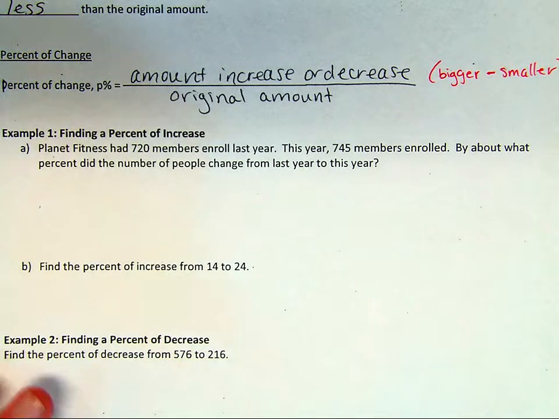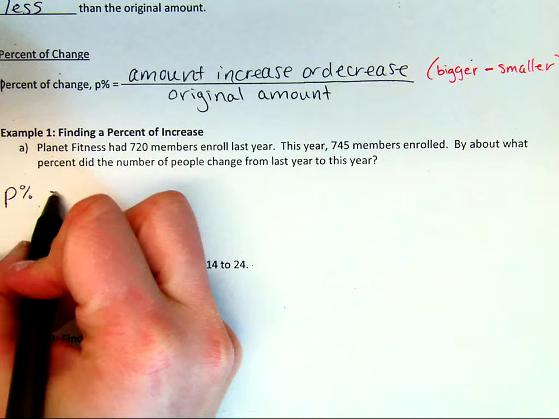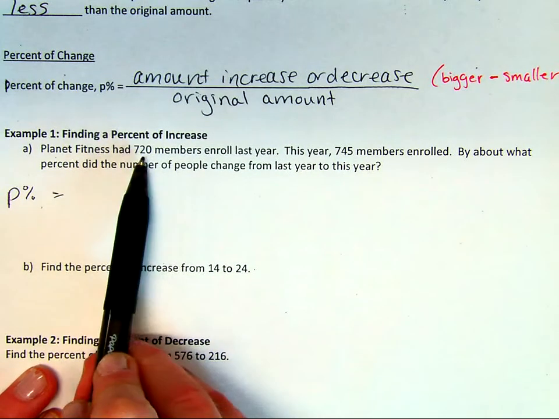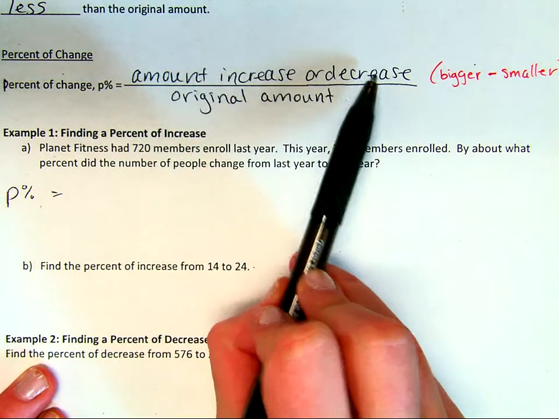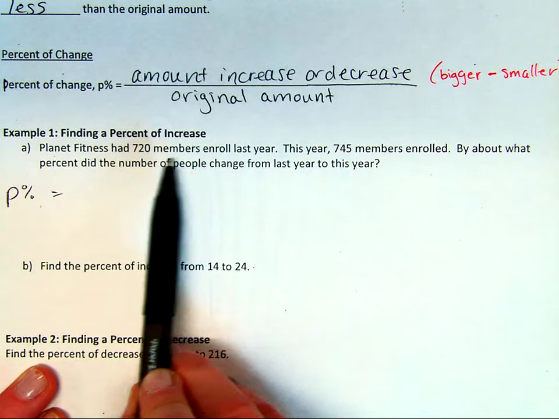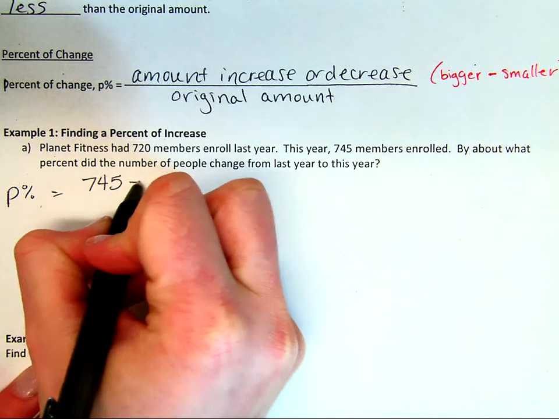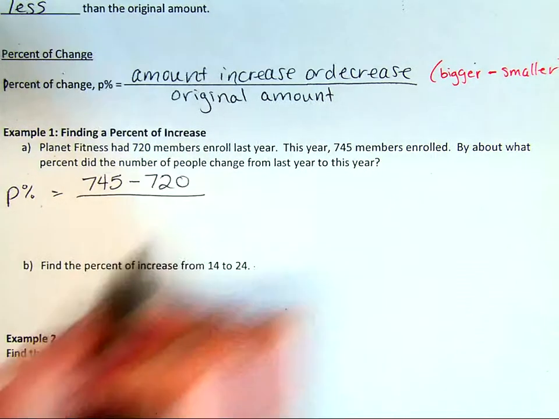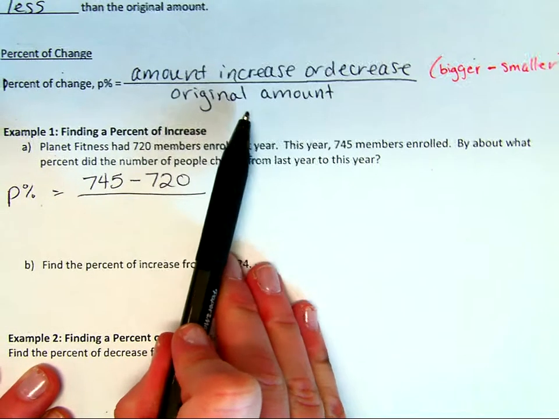business is doing. So to find P, the percent, originally there were 720, now there's 745. So we have to do the amount of increase or decrease. So you're going to take the bigger number minus the smaller number, which is 745 minus 720. Divide that by the original amount. Now this is the first amount.